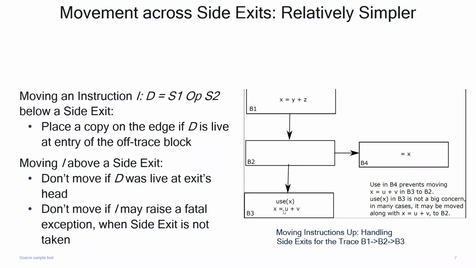But what if B3 was never executed? What if B1, B2, B4 was always executed? In that case, we would have executed this divide by 0 instruction at B2, which is a violation of program semantics, right? So is it clear?